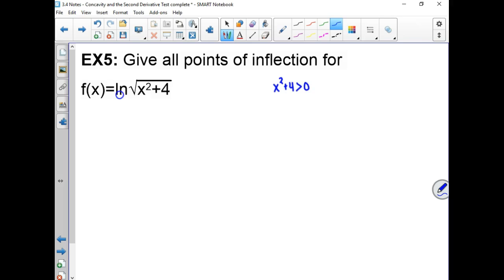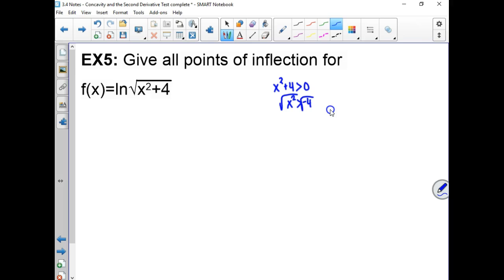But if you solve that, x squared is greater than negative 4, you square root both sides, you get an imaginary number anyway, right? And if you think of what you've got there, x squared is positive, you add 4 to it, that's positive. So it can't be 0 and it can't be negative. So you do not have any domain restrictions for this. So you can work the problem without having to worry about those.